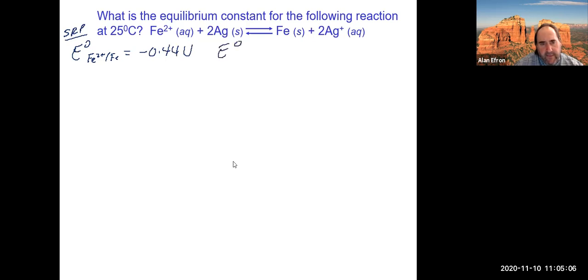Our E value for silver is positive 80 volts. All right, so let's see what you come up with. Here we're looking for the equilibrium constant for the following reaction. So see what you come up with.